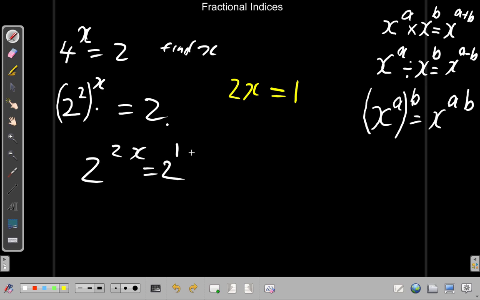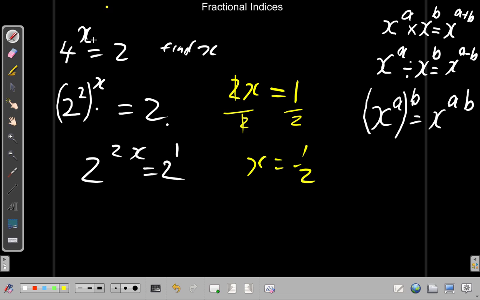The numbers that you raise them to must be the same thing. So 2x must be equal to 1. Now what is x? If you divide the left by 2 and the right by 2, 2 cancels 2, so you have x equal to half.